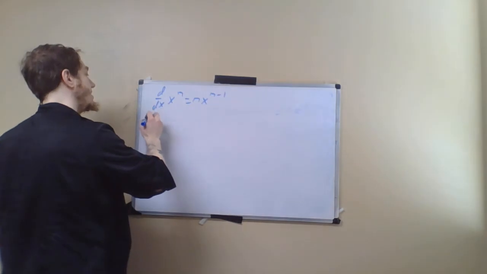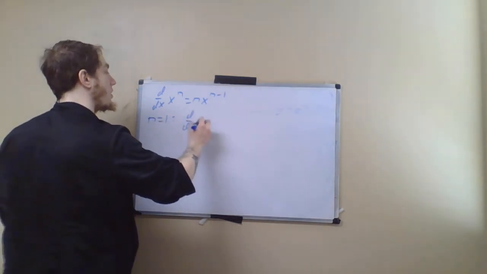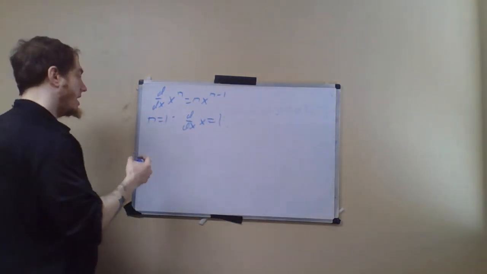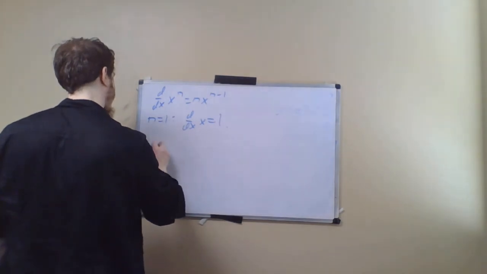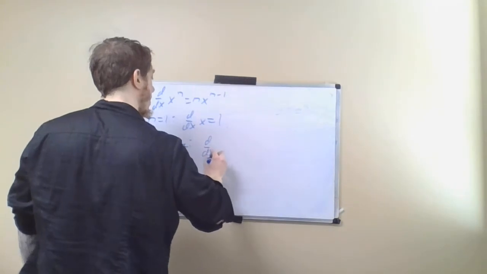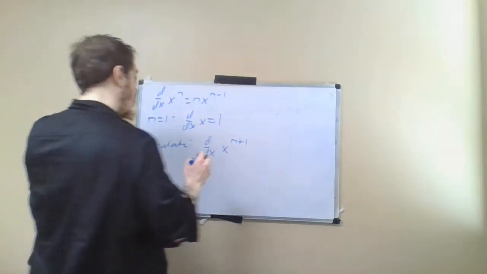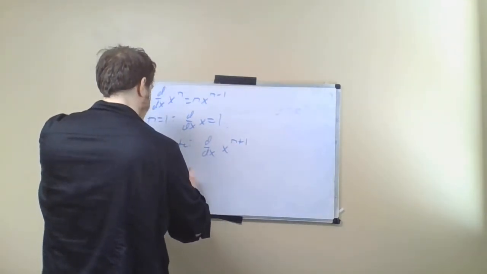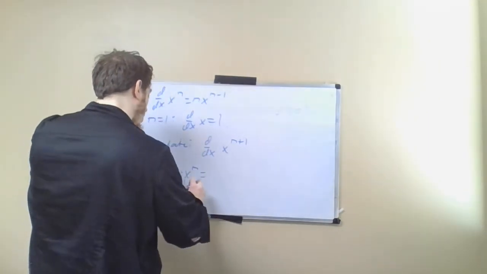In this case, for n equals 1, the derivative of x is equal to 1. We just have to calculate that directly. Then let's calculate the derivative of x to the n plus 1. This is actually the derivative of x times x to the n.